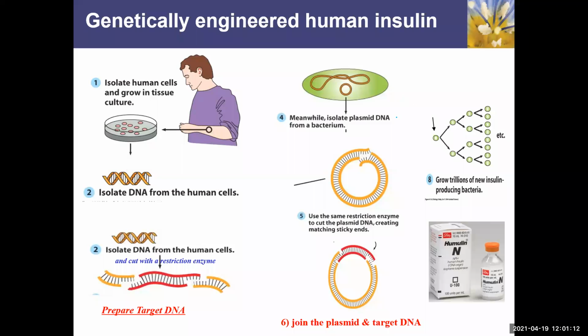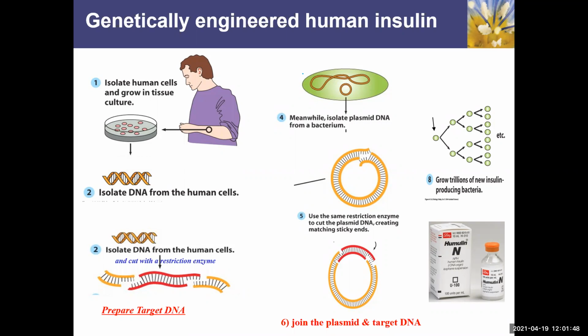I gave you an example of how humulin, the artificial insulin, was produced using recombinant DNA technology, and I explained that the vaccines we use nowadays to treat coronavirus have also been produced using recombinant DNA technology. We need a vector DNA like a plasmid, in which the DNA can be incorporated.